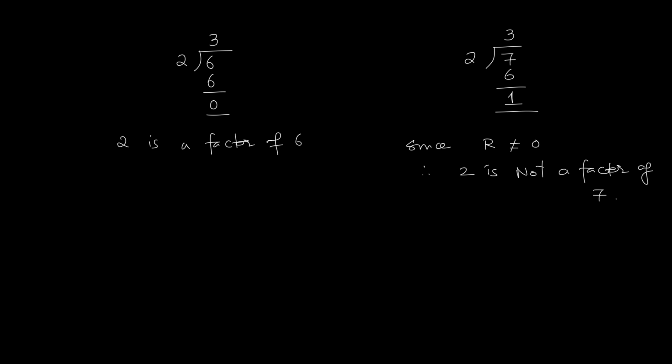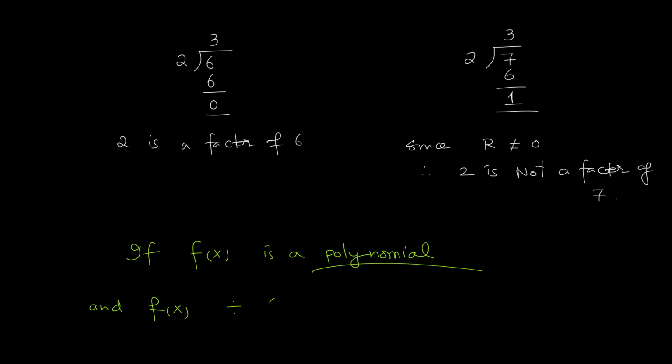If I apply this concept to a polynomial, if f(x) is a polynomial, an algebraic expression with many terms in which the powers are integers, and f(x) is being divided by x minus a, which we term a linear factor, and f(a) gives us 0, what does it mean?